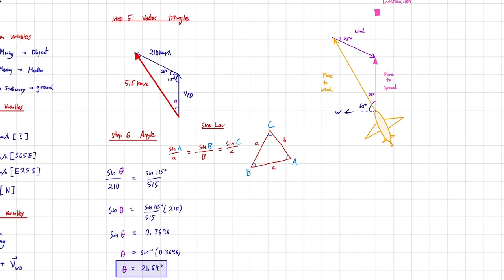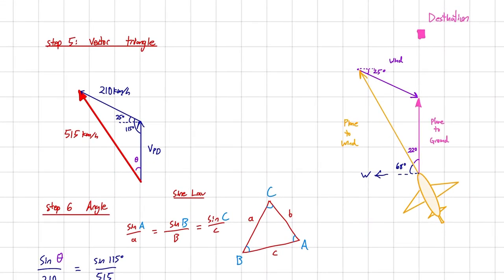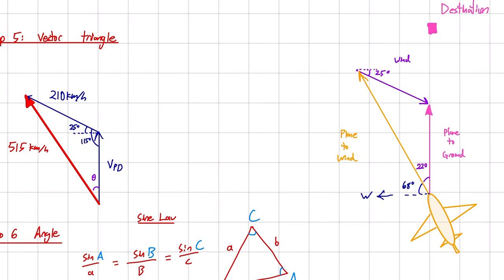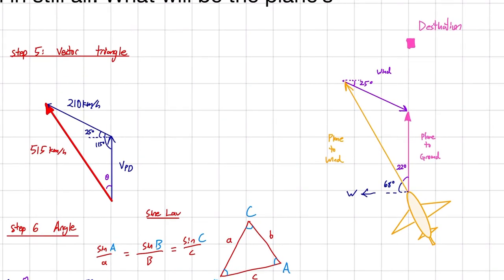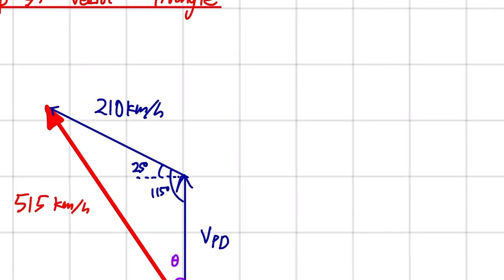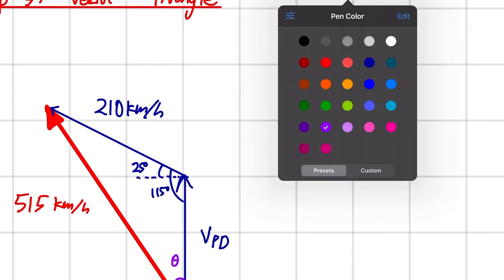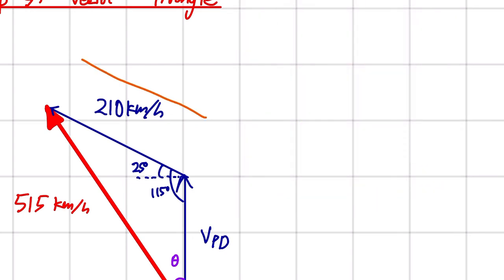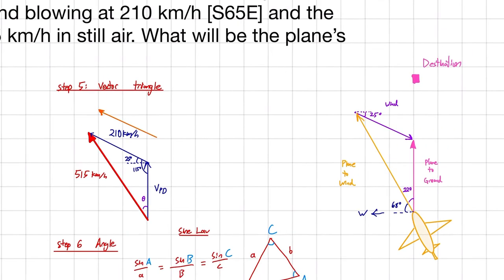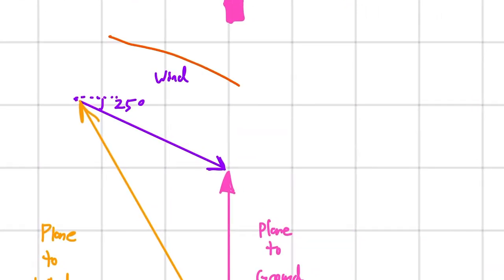And then one more note I want to make about these triangles here. You might notice this vector here is pointed in this direction. It's 210 kilometers per hour. Whereas this one here is pointed in this direction.